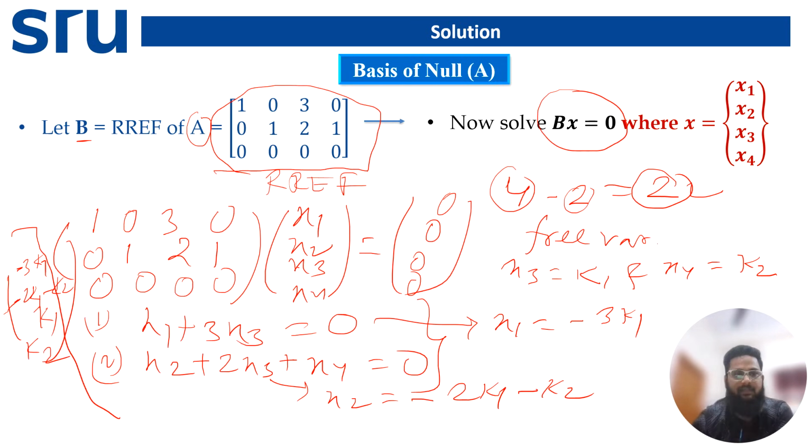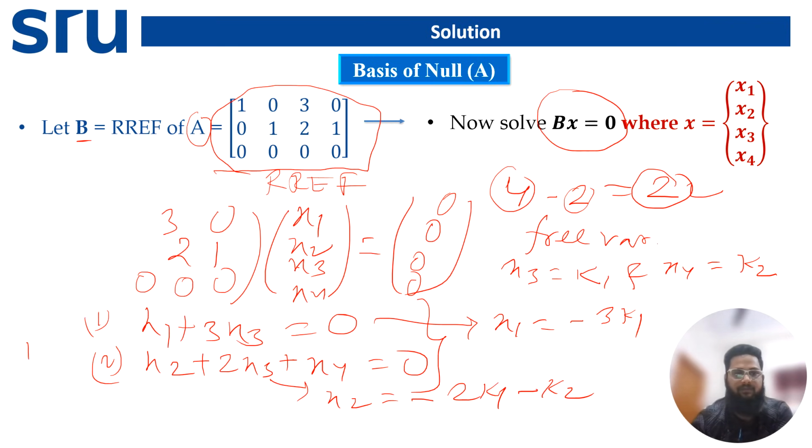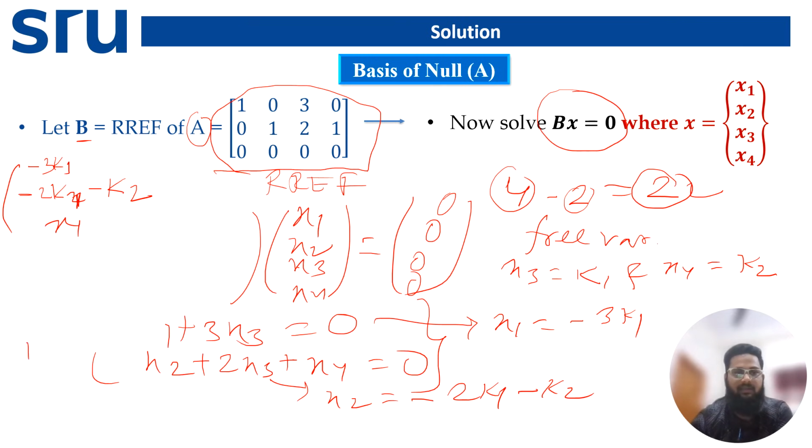So to find the basis of null space, what to do? You just write the solutions here. x1 is minus 3k1, x2 is minus 2k1 minus k2, x3 is k1 and x4 is k2.